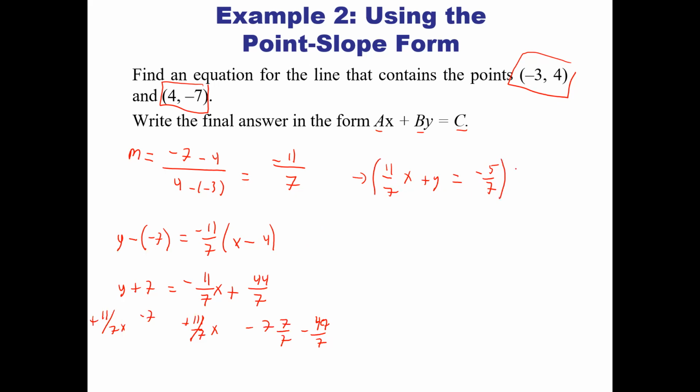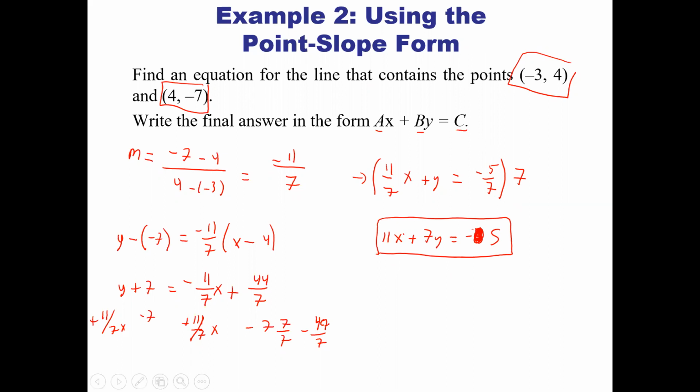If we multiply this whole thing by 7, that would get rid of all the fractions, and we'd have 11x plus 7y equals... wait, not minus 35. I forgot that should be just minus 5. Don't have any erasers, so we'll just make that a minus 5. Because that cancels that, we just have the minus 5 there. And so that would actually be a more perfect form because we have the whole numbers.